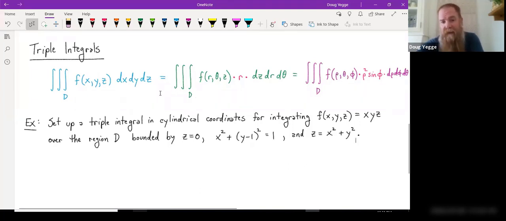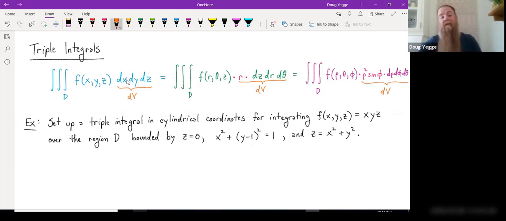But in addition to that, when you recognize that this dx, dy, dz is our dv, you need the extra Jacobian here, and also over here, you need the extra Jacobian. So the Jacobian is just an extra multiplier that allows you to convert from one form to another.